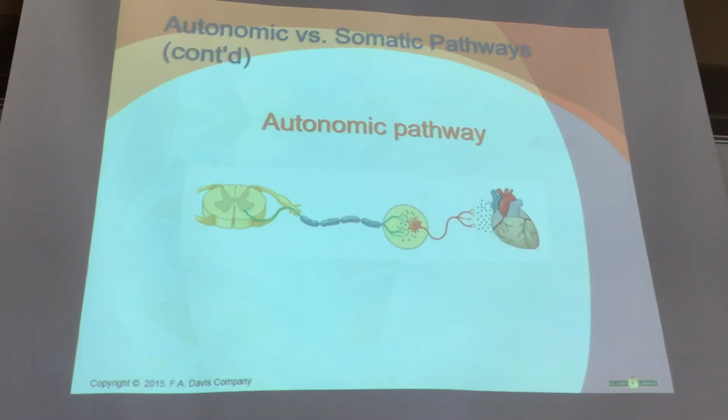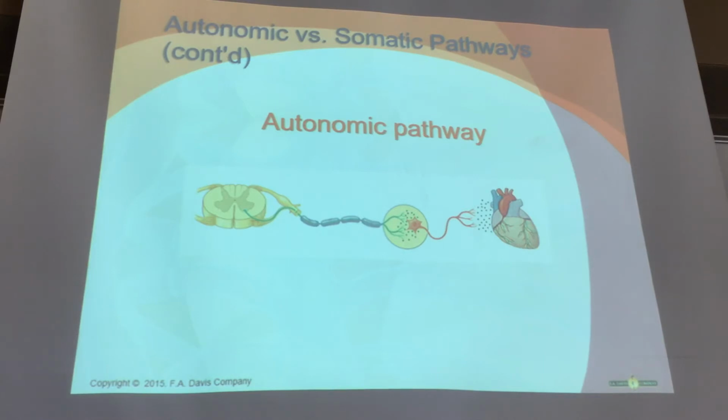Now let's look at the autonomic pathway, not the somatic pathway. This is different. In the autonomic pathway, you've got a myelinated, so one that's got myelin on it, preganglionic neuron that is going to extend from the brainstem or spinal cord, and it's going to go out to a structure called a ganglion.